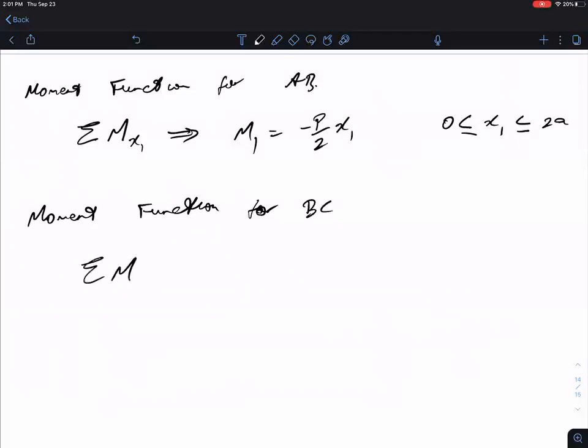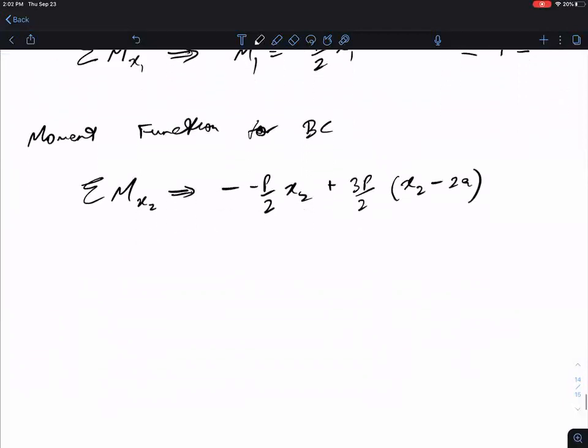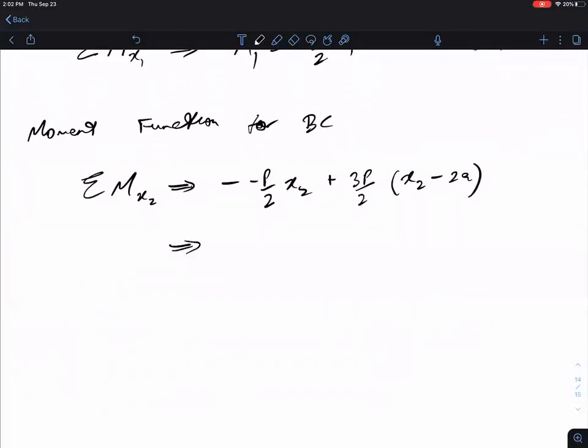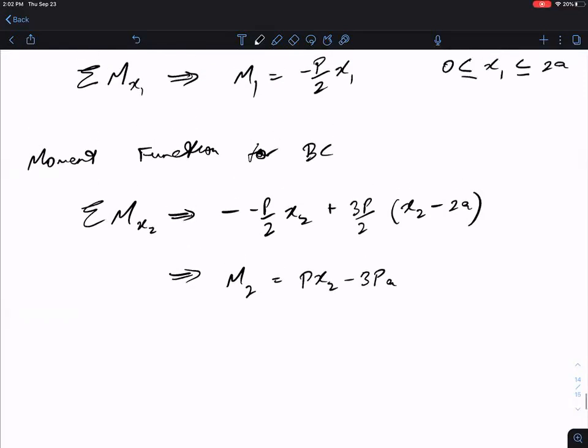All right, so we'll take sum of moments about x2, and we get the moment caused by the reaction at A plus the moment caused by the reaction at B. And if we rearrange that, we get M2 is equal to P x2 minus 3 P times A. And this moment function is applicable for x2 between 2a and 3a.